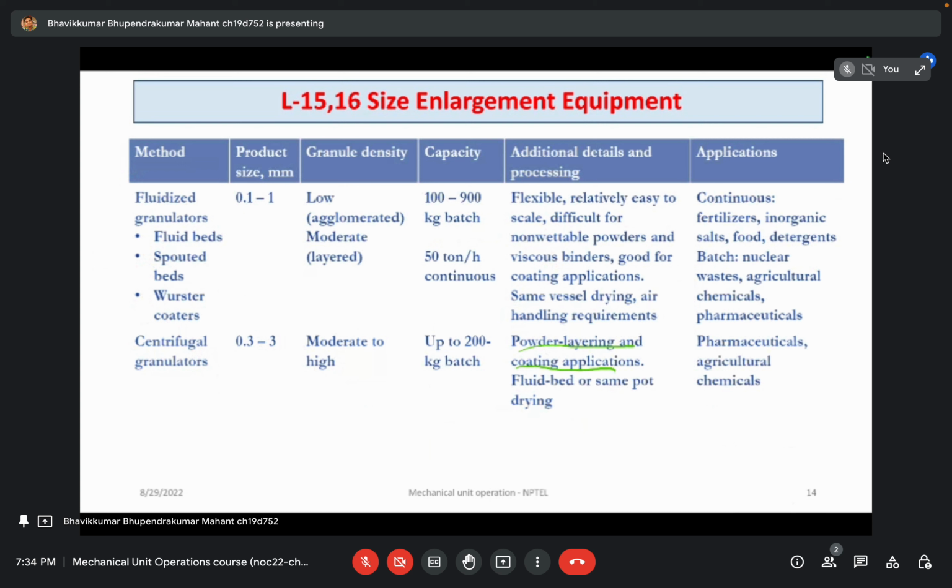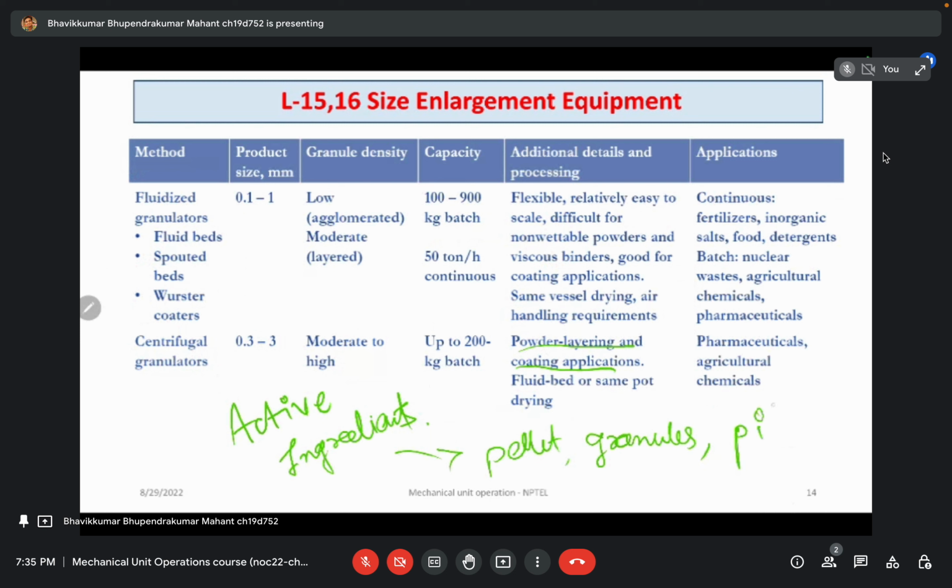Majorly you can find it in the agriculture, agrochemical and fertilizer industries. The pharmaceutical industry is major, because at the end of the product you want to use your active ingredient in some form, as we already discussed. So you have to remember all these things, in the form of pellets, or granules, or different kinds of forms.